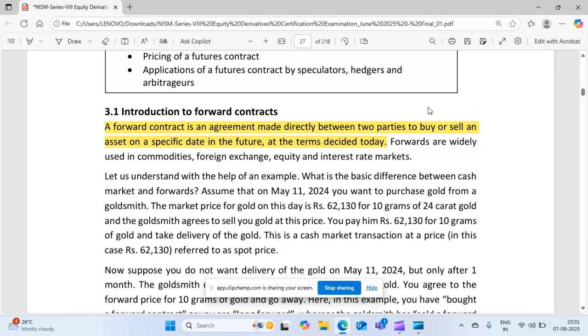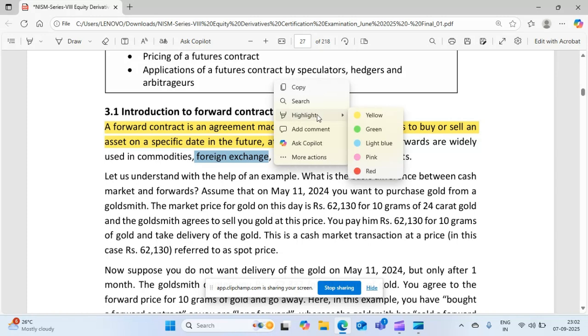There are many underlyings for forward contracts, which could be commodities, foreign exchange, equity, interest rate. Most of the transactions in forwards are in foreign exchange and in interest rates. These are the two popular ones.